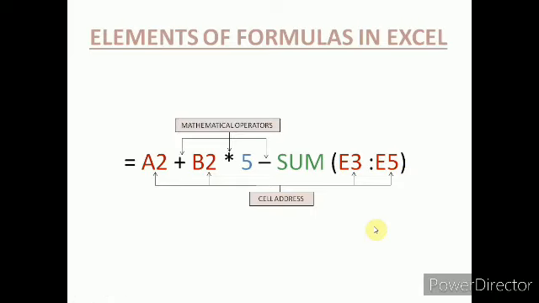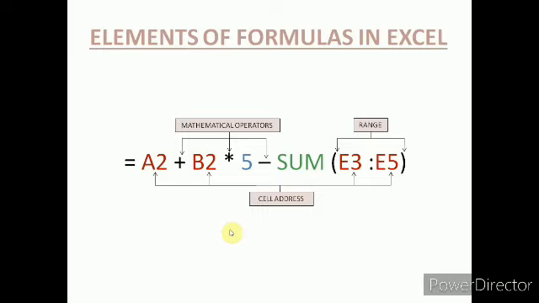Next is mathematical operators. Mathematical operators specify the type of operation that is to be performed. So what type of operation are you performing using this formula? For example, plus sign is for addition, asterisk multiplication, minus sign subtraction, as you all know.